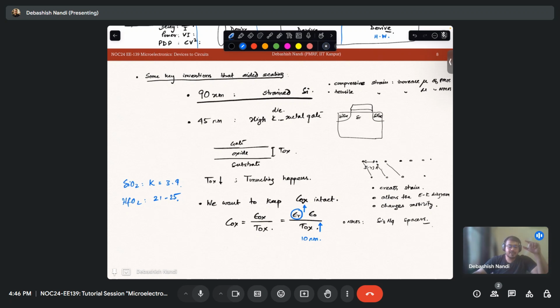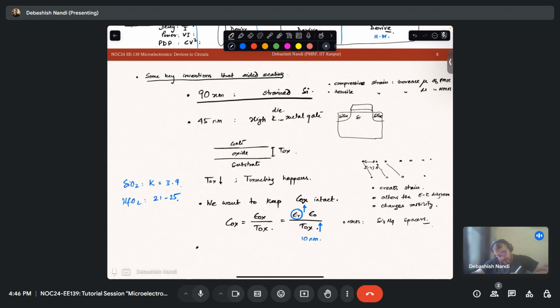Understand this very carefully: tunneling depends on the physical dimension of the Tox, but the field effect depends on the effective oxide thickness, EOT, as we call it. So that is one invention.